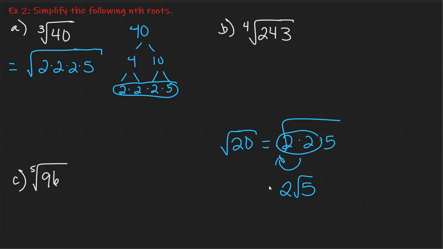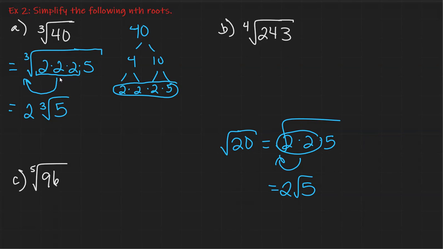That's what we ended up with when we did this piece. Now with the cube root, don't forget the index here. The index tells you the groups that you have to factor out in. So with the cube root, I need to factor out in groups of 3. If I have a group of three 2's, then that can come out as a 2. So that's going to be 2 cube root of 5.